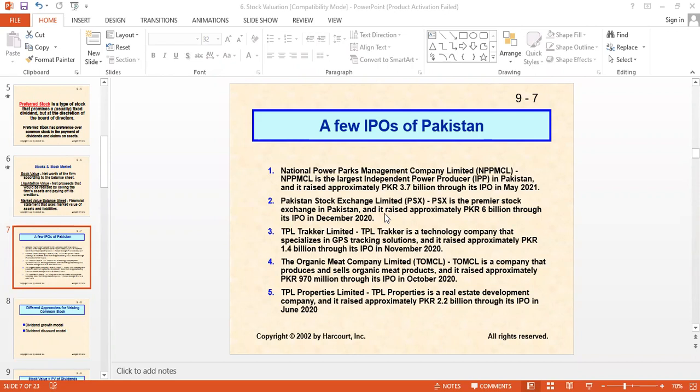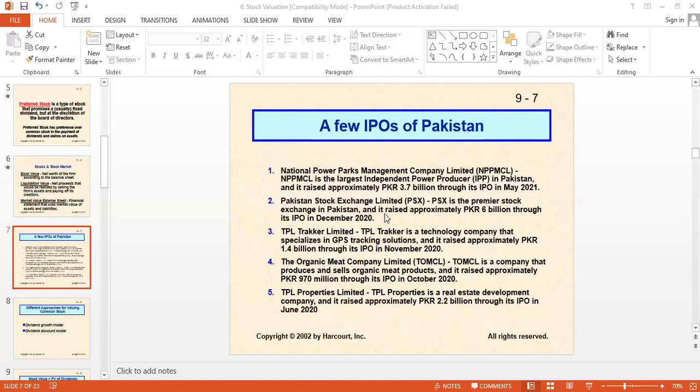Similarly, the second example, the Pakistan Stock Exchange, back in 2020 also went public and sold their shares for 6 billion rupees. So this was also through an IPO. Then TPL Tracker raised 1.4 billion rupees back in 2020.